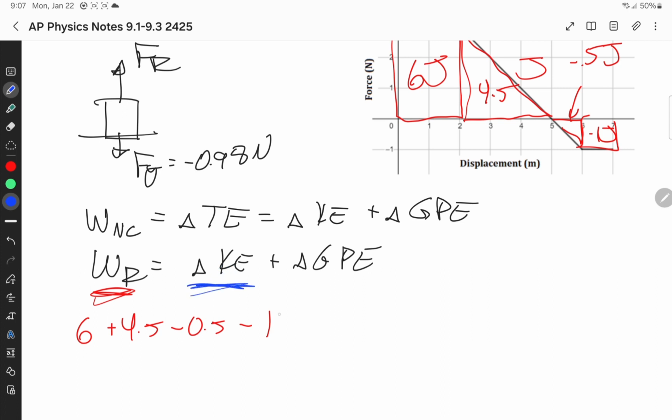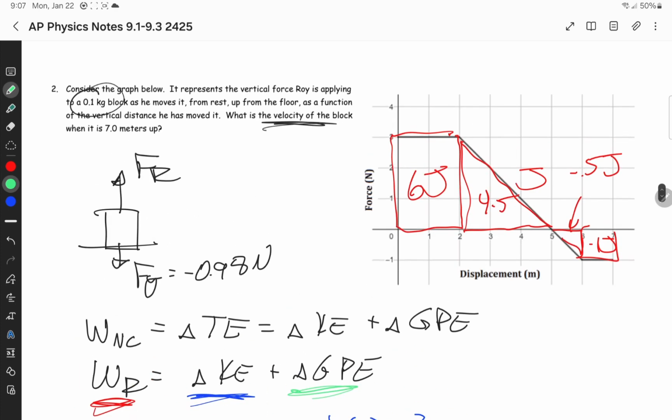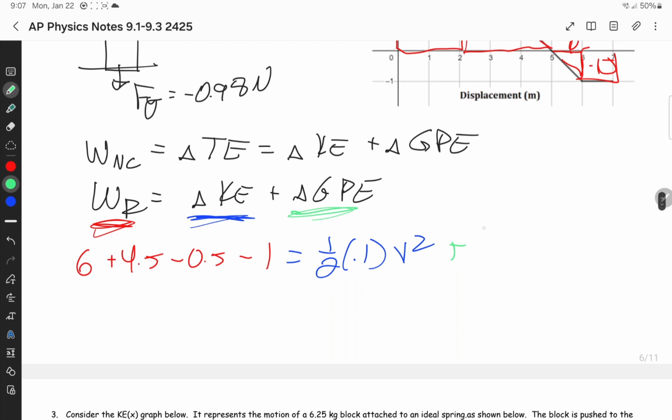All right, our change in kinetic energy. Well, we start at rest, so that's just 1/2 the mass times the velocity squared. And then our change in GPE, well, we've got a 0.1 kilogram block moving up 7 meters. So mass times 9.8 times my change in height.